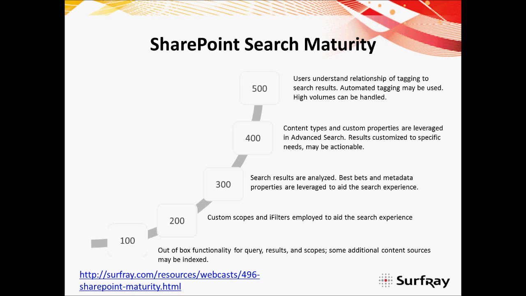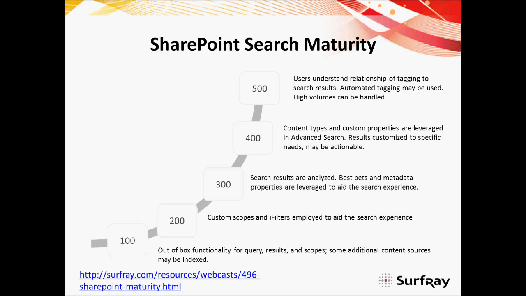And then finally, as we reach this plateau goal of level 500, users start to understand the relationships between information. Your users might actually understand what a metadata property is. They start to tag information. We start to analyze what click patterns are being used, and maybe automatically tag both metadata and just tags within SharePoint.